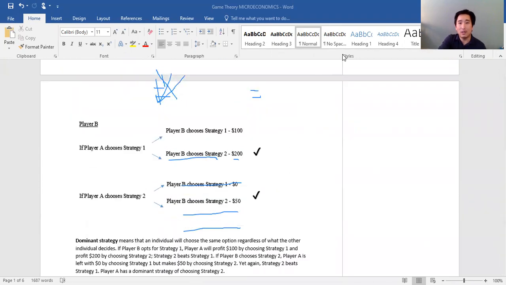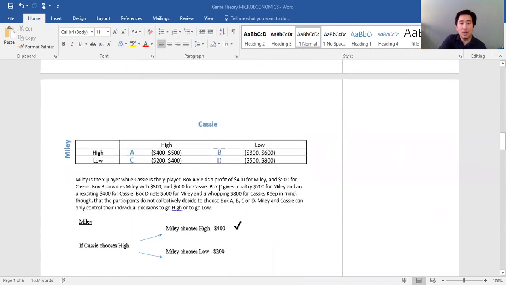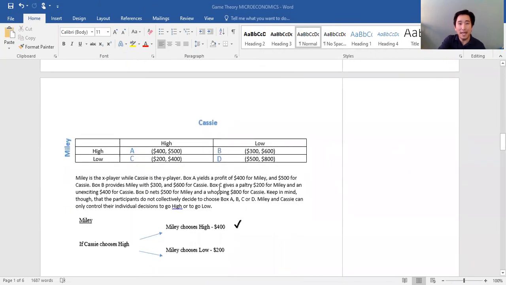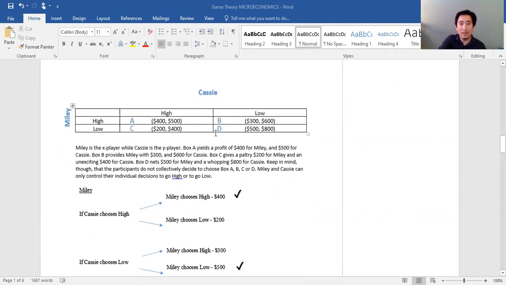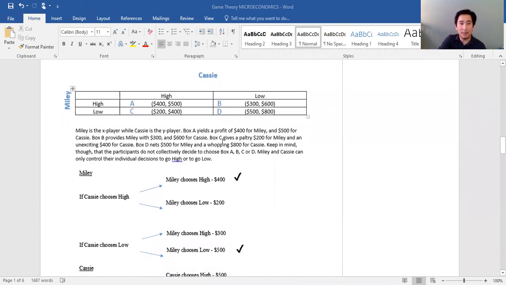Okay, so I'm going to clear this screen right here and then scroll down to Cassie and Miley, right? So in this case, Miley is the X player and Cassie is Y player. And again, you have A, B, C, and D here. And let's take a look at Miley's perspective, right? So again, same scenario here.